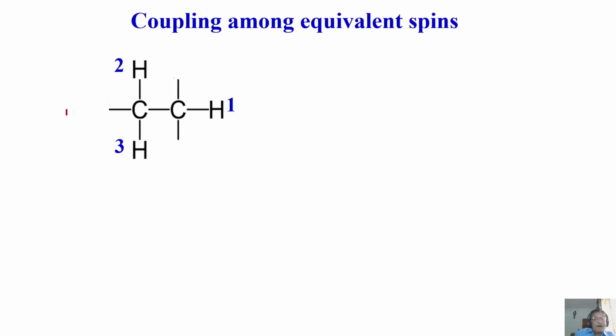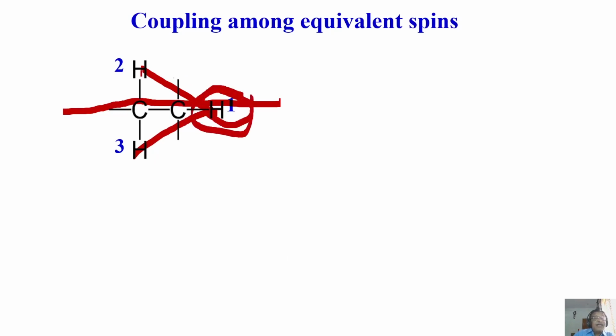Now, the interesting thing is, I look at this molecule. In this case, there is a perfect symmetry along this axis. That means this coupling and this coupling are the same. J12 is equal to J13. Then this proton undergoes splitting because of this and this together.